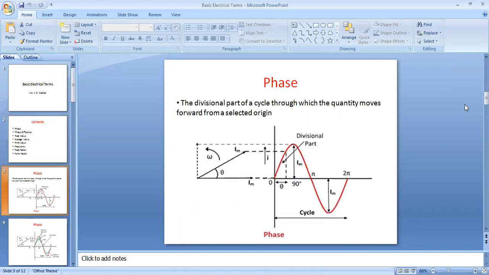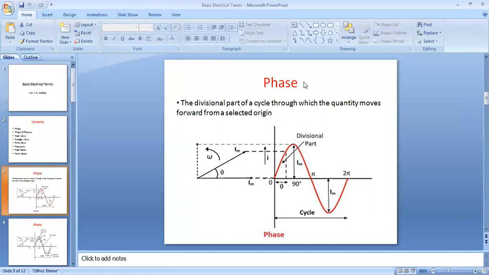So we will start with phase. The definition of phase is: it is defined as the divisional part of a cycle through which the quantity moves forward from the selected origin.